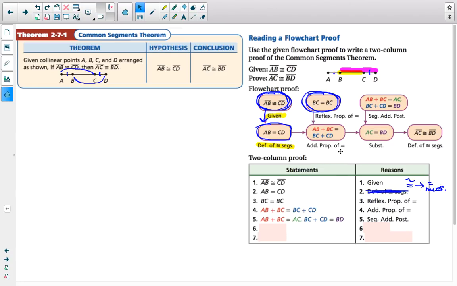See how they color-coded it there for you to see how it happened? So we replaced, so that would be substitution. And then finally, since the measures are equal, then the segments are congruent. And we're not going to say definition of congruent anymore. We're going to say equal measures means they're congruent.